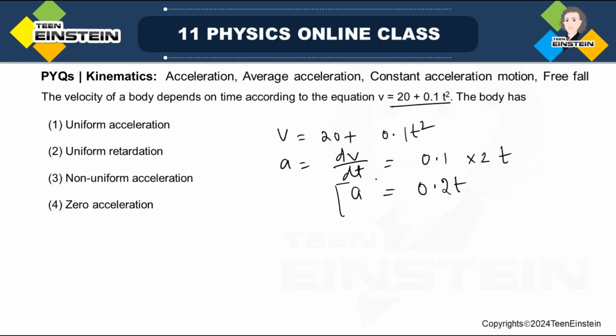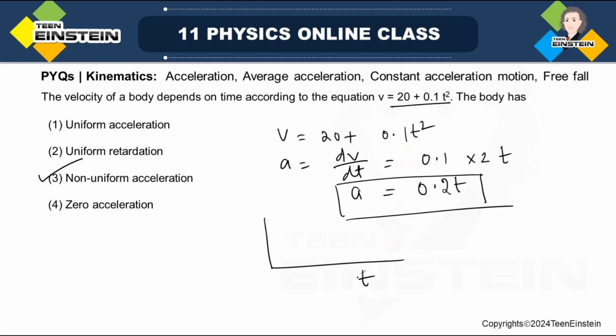That means the acceleration is not a constant acceleration. You can see that acceleration is actually increasing linearly with time. That means it is non-uniform acceleration. Sorry, not retardation, non-uniform acceleration. Uniform acceleration means acceleration is constant.